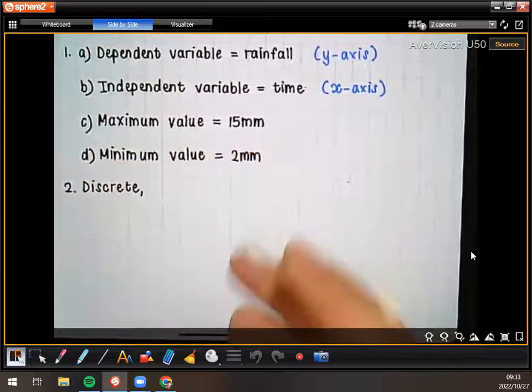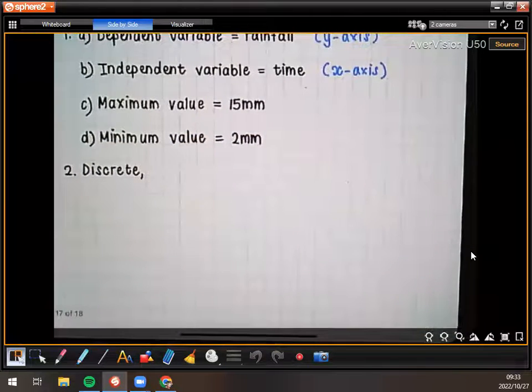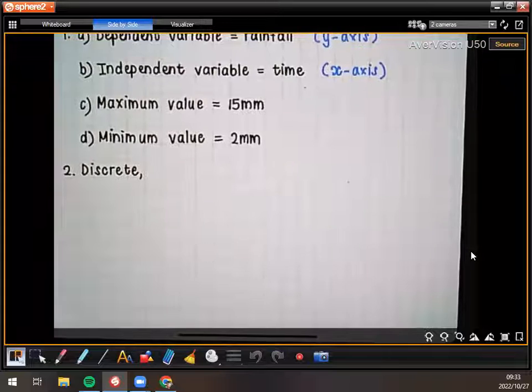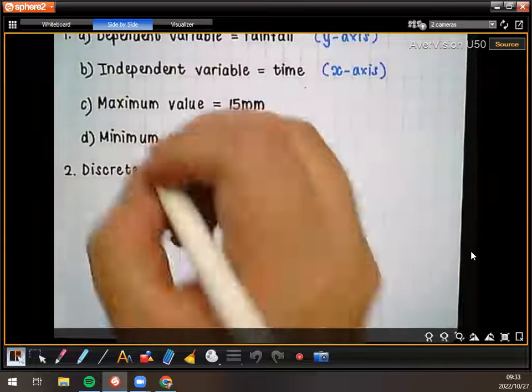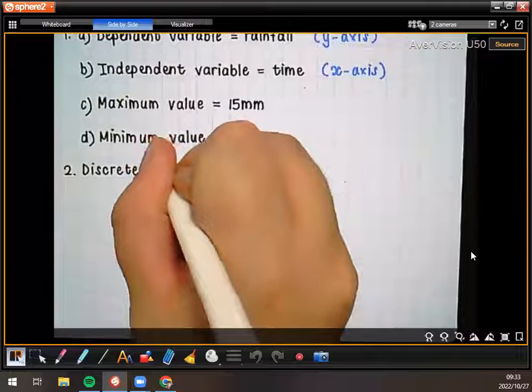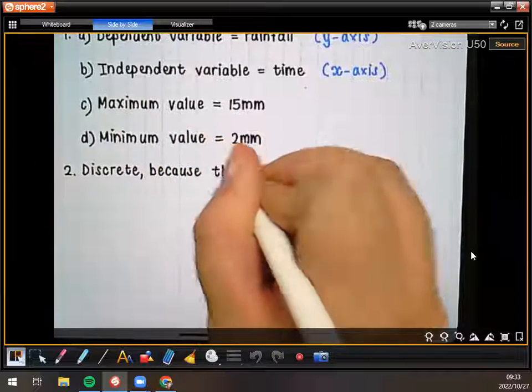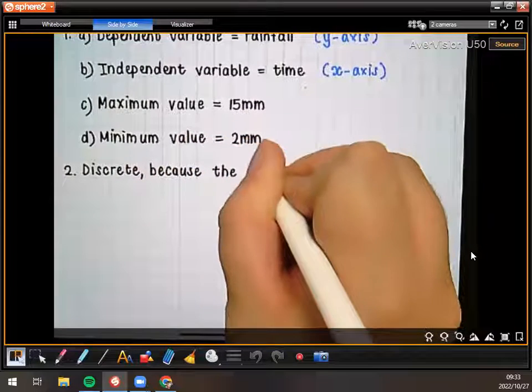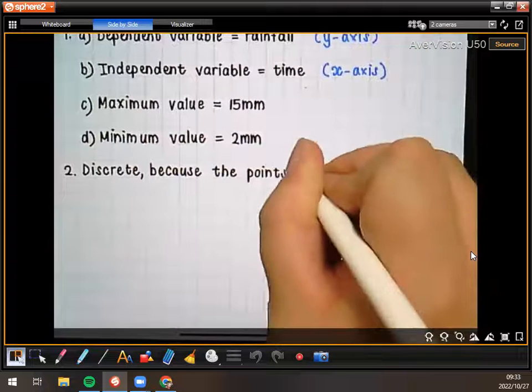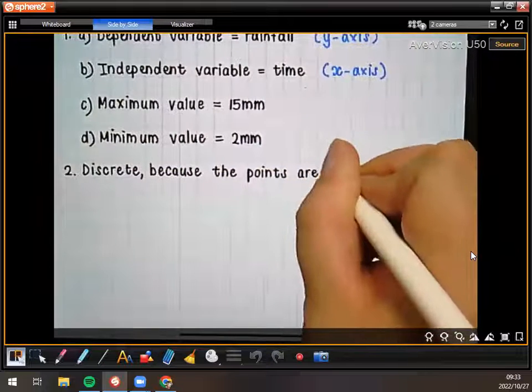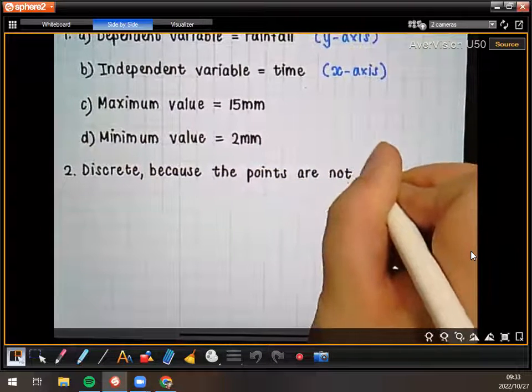And as your reason, guys, it really is as simple as saying the points are not joined. Or you can say they are separate points. So discrete because the points are not joined.